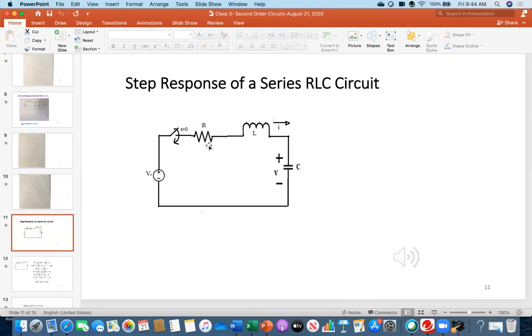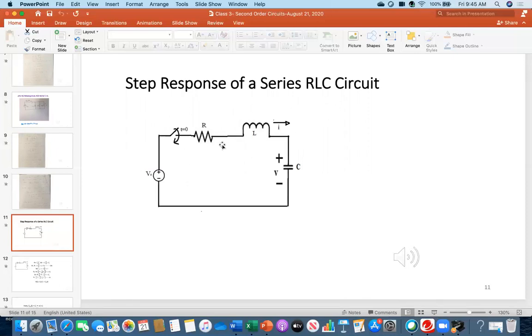But in this case, it is a series circuit where, at t equal to 0, a DC voltage source Vs is connected, like a step voltage source. This means initially it was a source-free circuit, and suddenly you are connecting a source. Then how does the response look? That's why it is called the step response of a series RLC circuit.